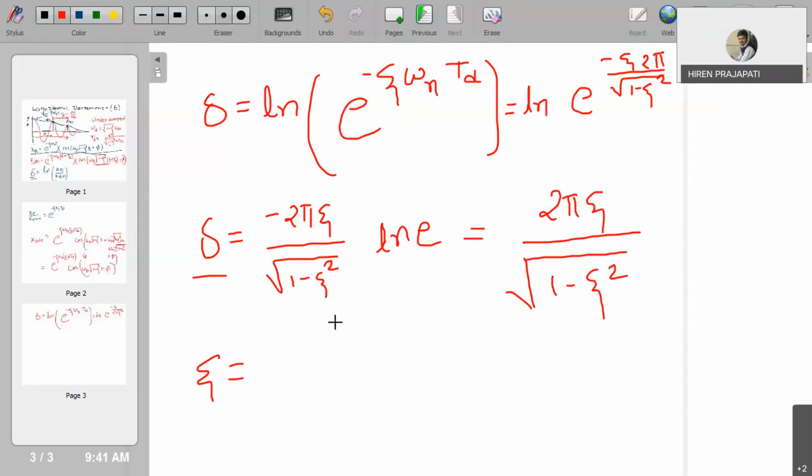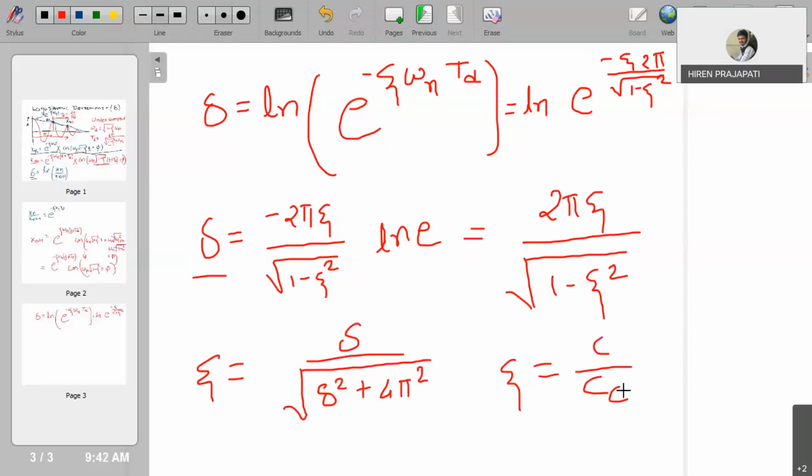If you simplify that, you will get zeta equals delta by square root of delta square plus 4 pi square, right? So these are the two equations. One is for delta, the logarithmic decrement equation. And what is zeta? That we know, it's c by cc. Fine.